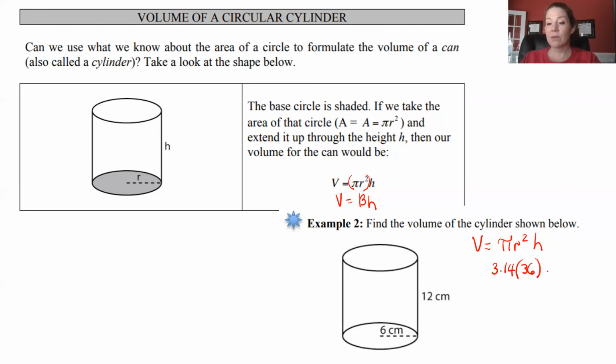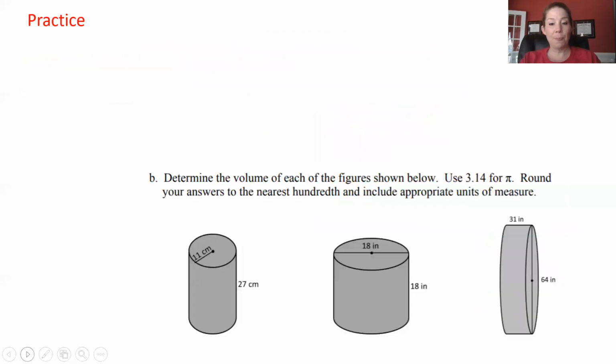And the height of our cylinder is 12 centimeters. So we're just going to throw all that right in our calculator. 3.14 times 36 times 12 is 1,356.48 centimeters cubed. Because once again, we're finding the volume, and so your units are cubic units.